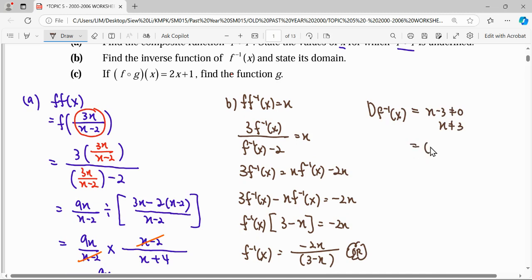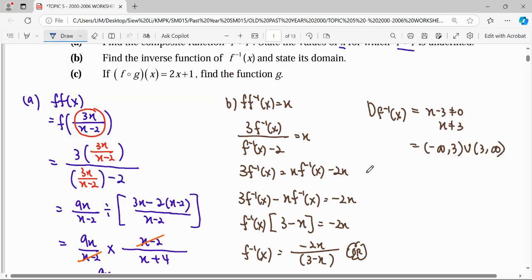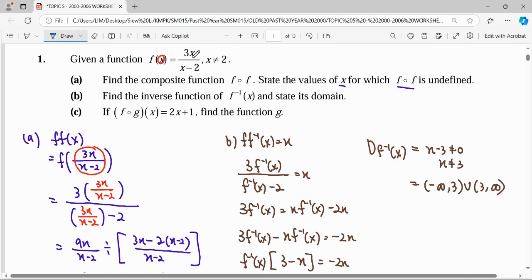So the domain is negative infinity to 3, union 3 to infinity. Or you can refer to the function here. Make sure it is a proper fraction, so we want to find the range of your function. So this is another method.